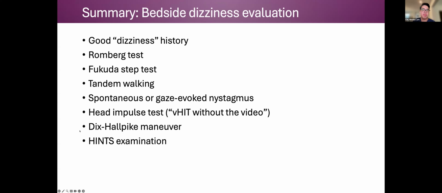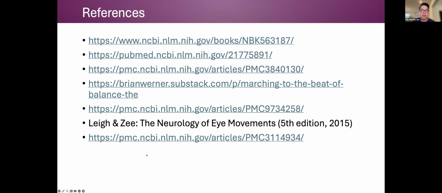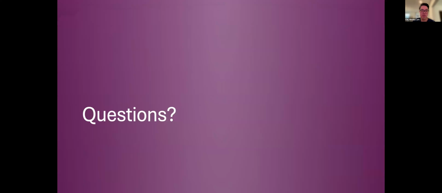And then you will look for nystagmus, whether it's spontaneous, look for gaze-evoked, and then a head impulse test. You do the Dix-Hallpike maneuver on patients with a consistent history of BPPV, and then the HINTS examination to distinguish peripheral versus central. And yeah, so that concludes the talk.